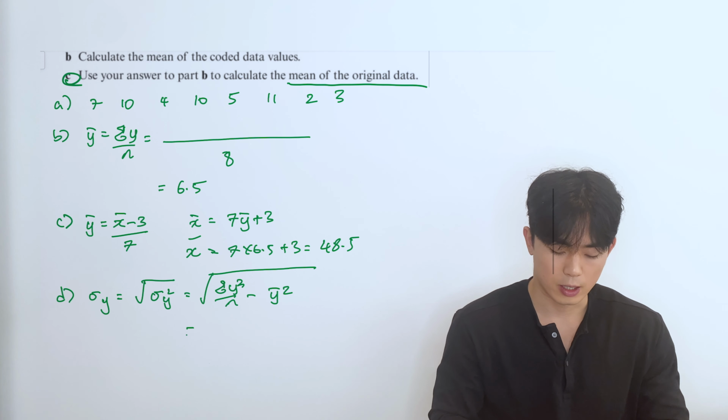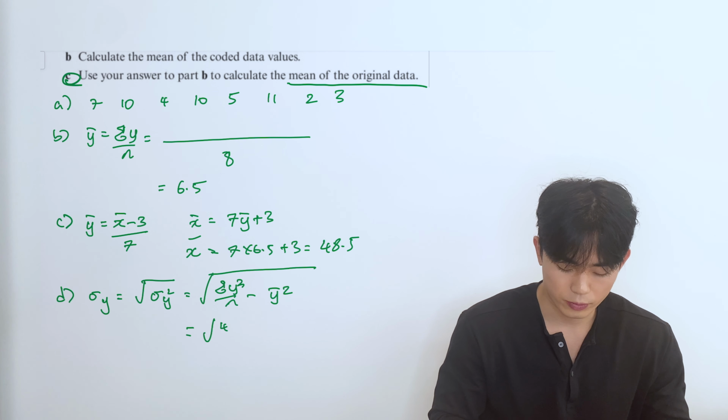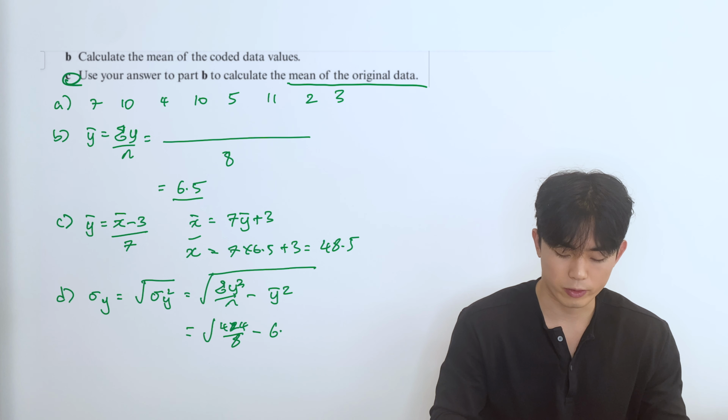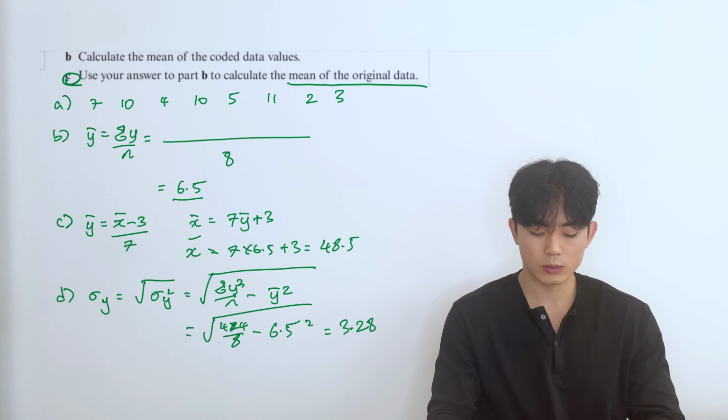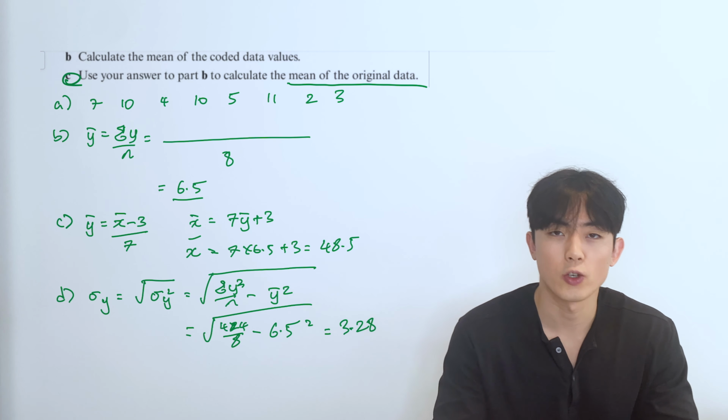So if you do this, you get the sum of 424 over 8 minus the mean, which is 6.5. Remember, we're looking at the coded data and we're squaring that. And so this would be 3.28. So the standard deviation of the coded data is 3.28.